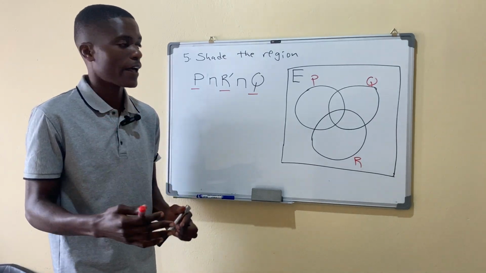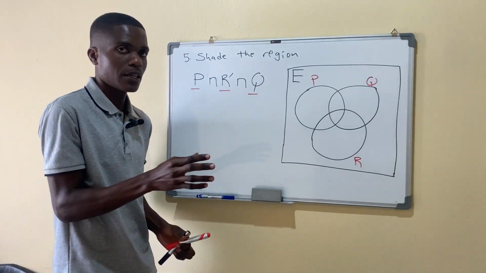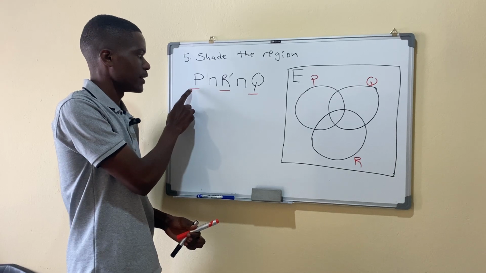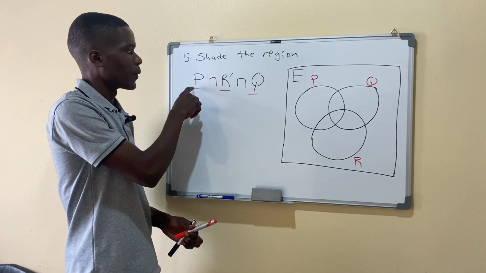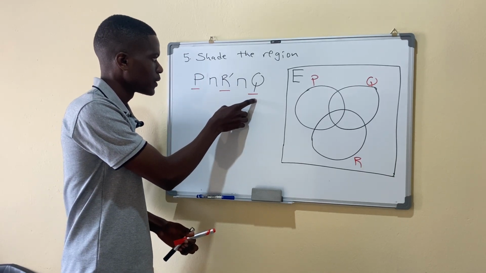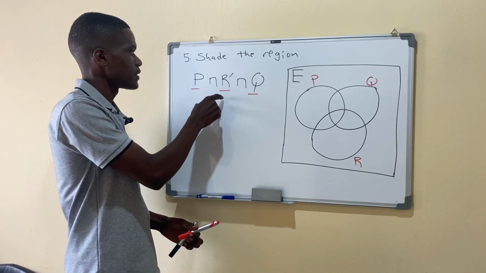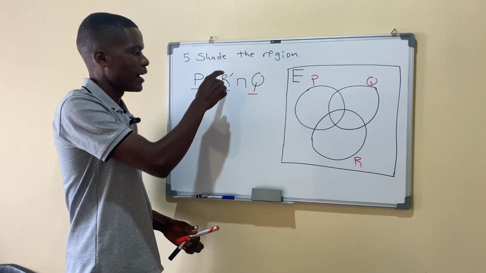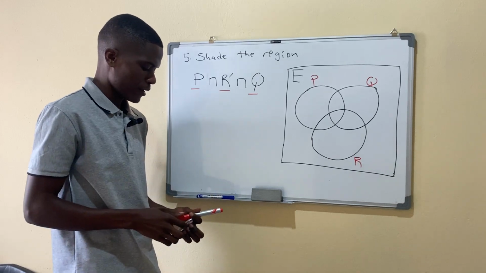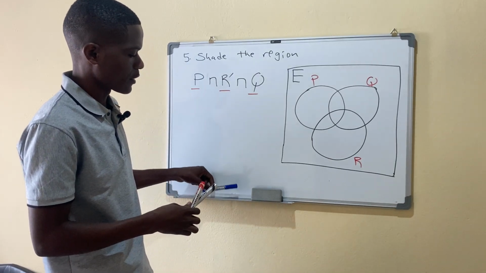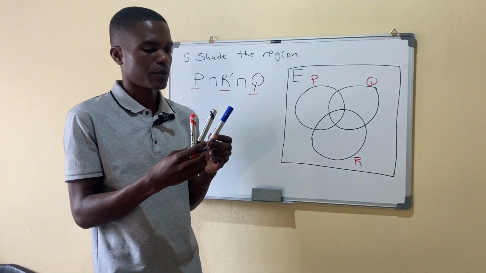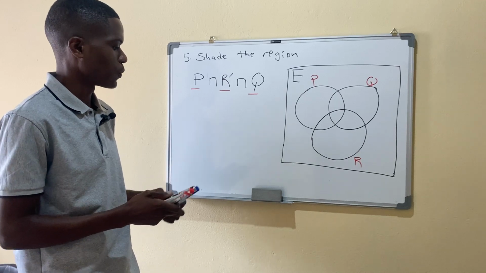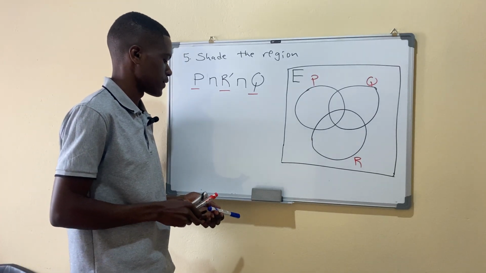So what we're trying to answer is what elements are contained in P, contained in Q, and contained outside R, because complement means outside R. So I've got three colors here, okay, to just help you, show you the best way of going about this.